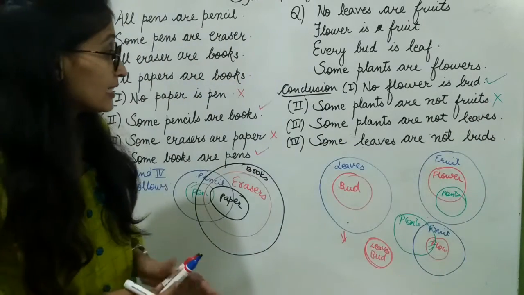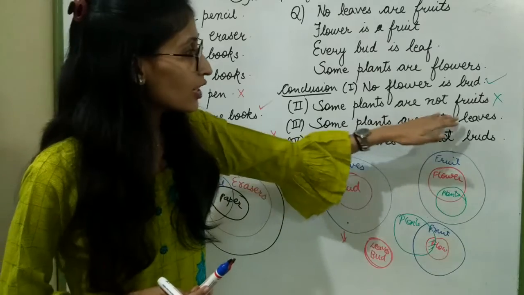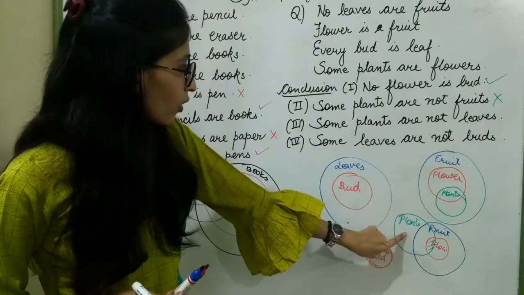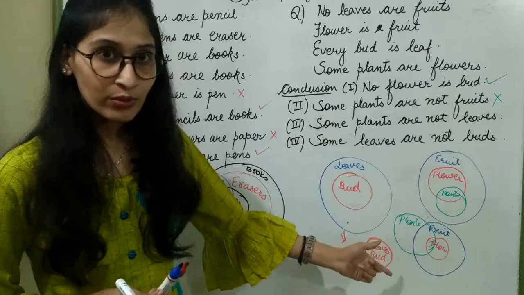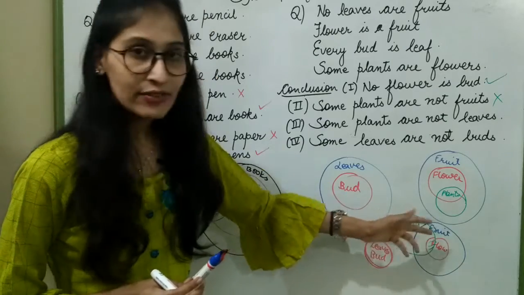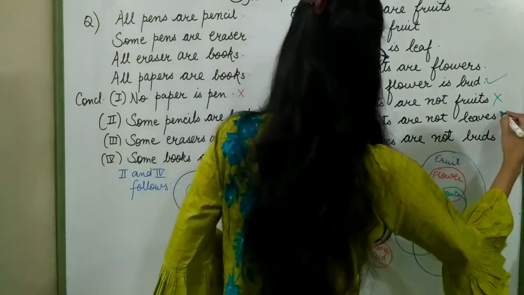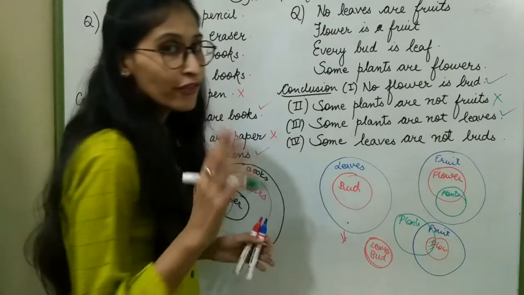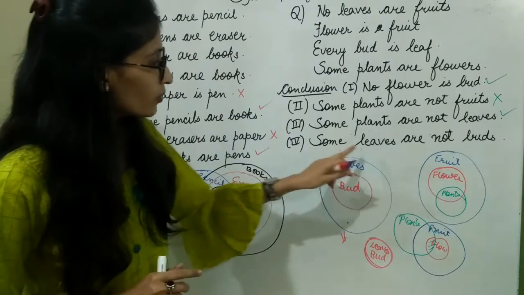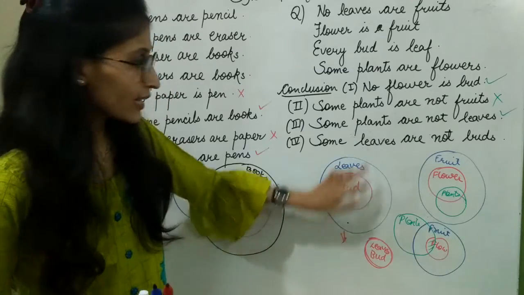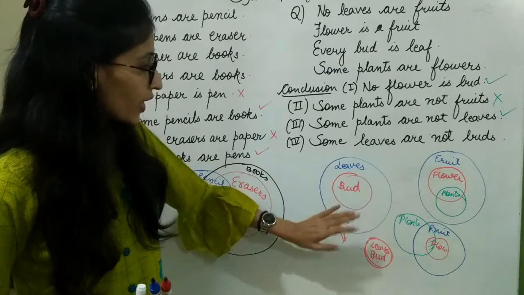Third conclusion is, some plants are not leaves. True. Some plants are not leaves in both the Venn diagrams. So conclusion 3 is also true. Fourth conclusion is, some leaves are not birds. For this Venn diagram, conclusion 4 is satisfying.